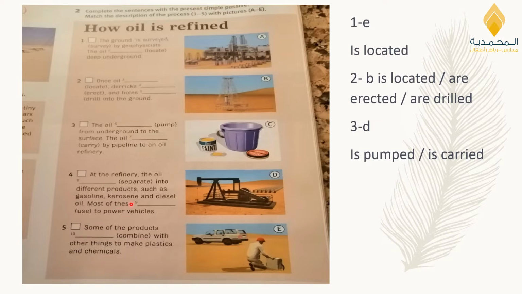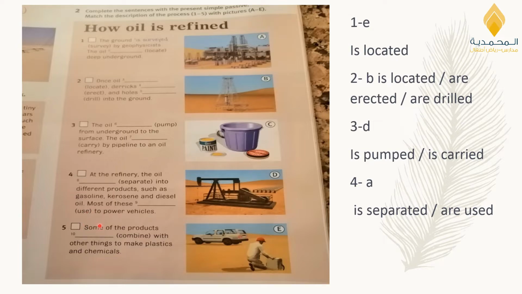Most of these, we're talking about these, this means it is a plural. That means we are going to say are used. Verb 3 from use is used to power vehicles. So where is the refinery? Which picture? Yes, it's picture A.